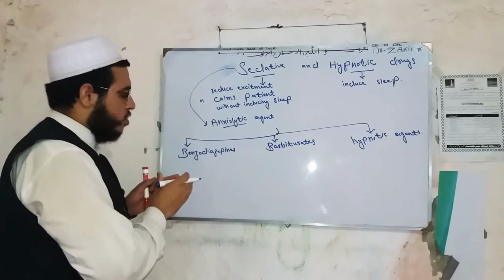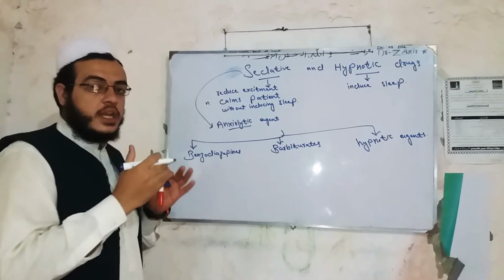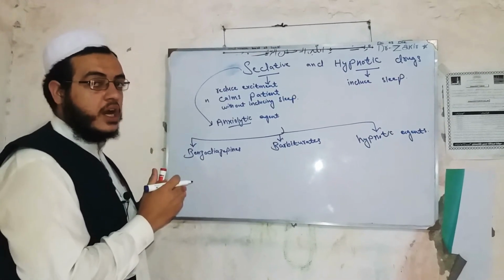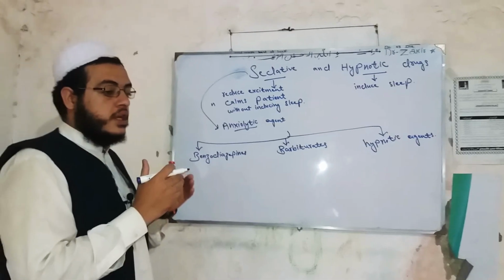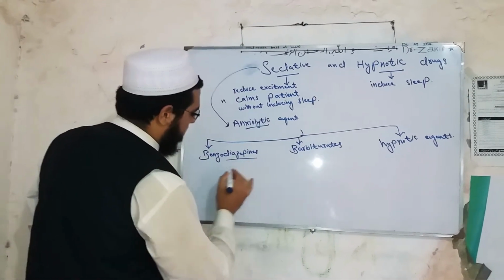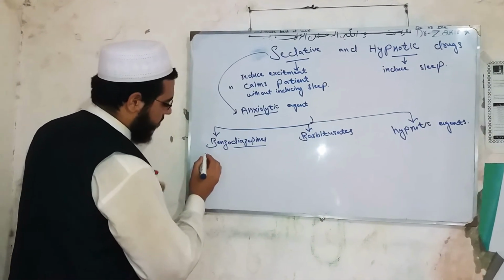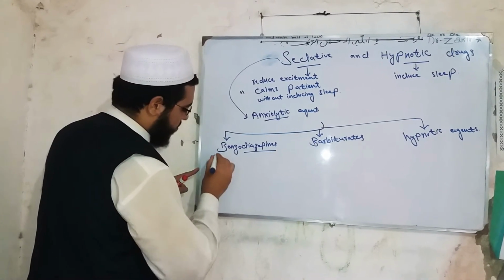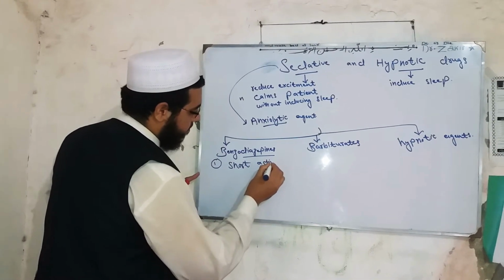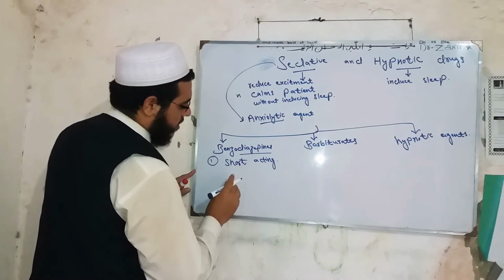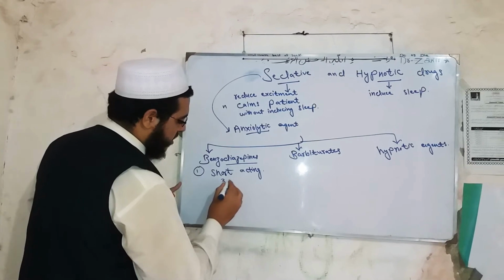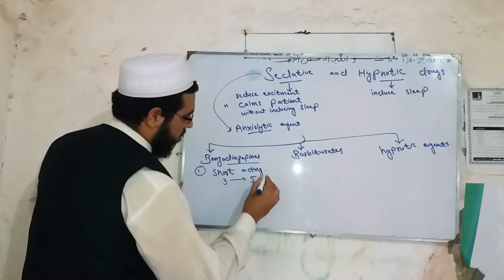The benzodiazepines are further classified according to the duration of action into three groups. Number one, short acting. Their duration of action is from 3 to 5 hours.